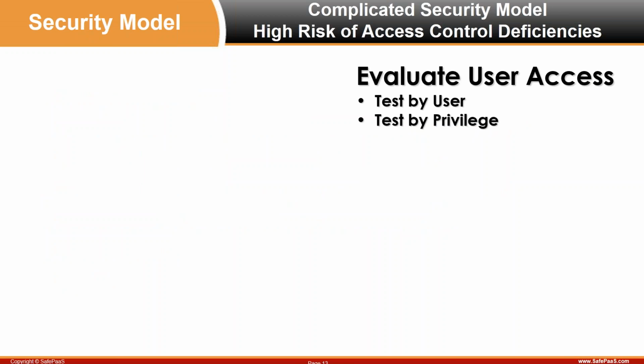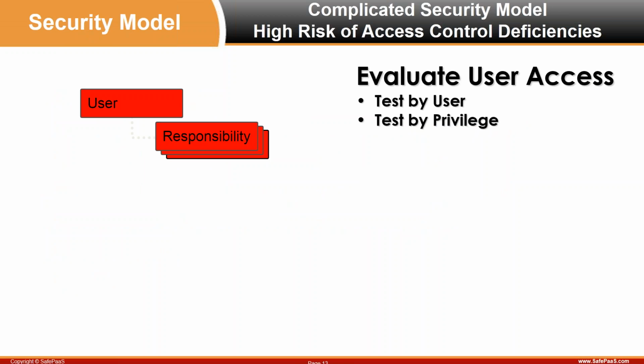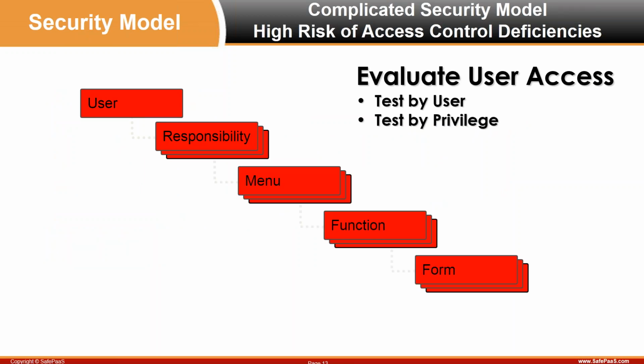So one of the challenges in any security model is the complexity of the security model. In the case of Oracle E-Business Suite, what auditors and customers are concerned about from a controls perspective is who has how much access to the basic forms and functions that can create possible segregation of duties issues.